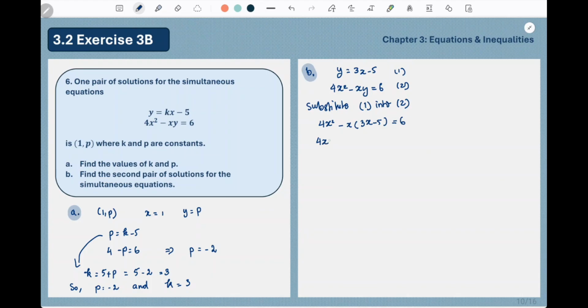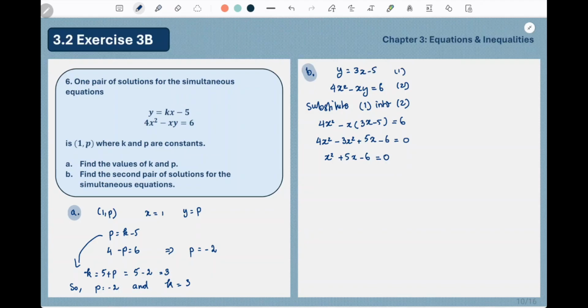So simplifying, 4x squared minus 3x squared plus 5x minus 6. I'm trying to get a quadratic equation where everything equals 0 so I can actually solve it. So this becomes x squared plus 5x minus 6 equals 0.